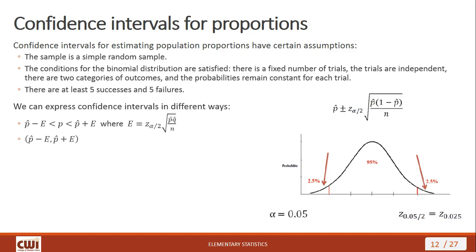We can also look at it as an ordered pair, where we list the lower limit and the upper limit inside parentheses and separated by a comma. We could also list it as the point estimate plus or minus the margin of error. Each of these formats is basically giving you the same confidence interval, just in a different way.